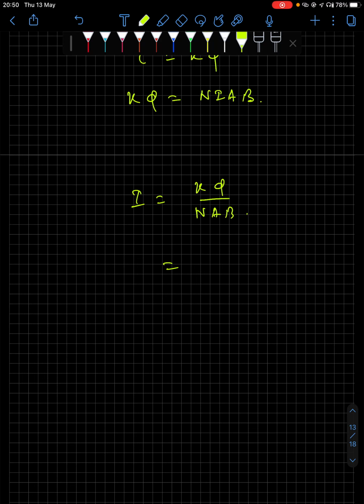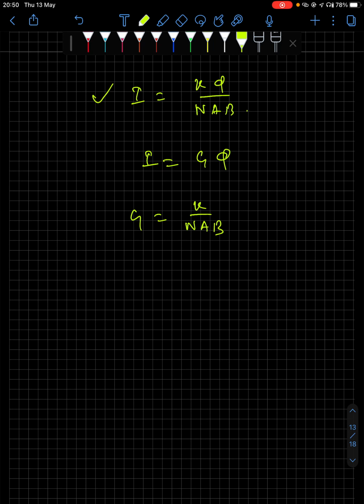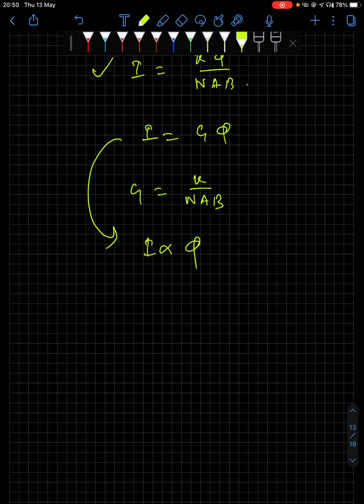So this K by NAB is a constant which is denoted by G. You call this the galvanometer constant. So the relation comes out to be I equal to G phi, where G equal to K by NAB is the galvanometer constant. From this relation, what do you get? I is proportional to phi. So greater the deflection, greater is the amount of current detected by the galvanometer.